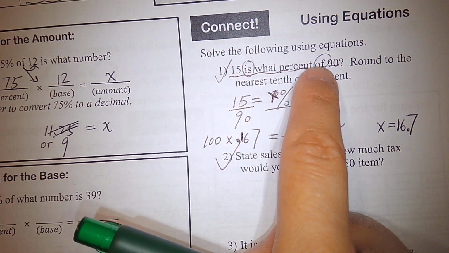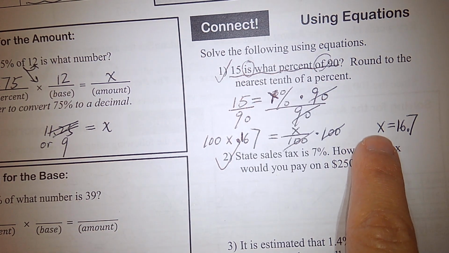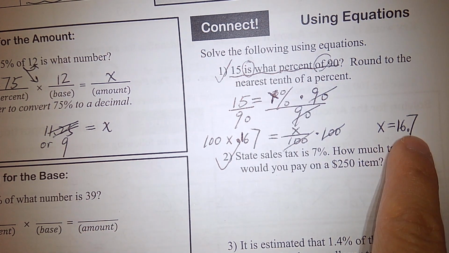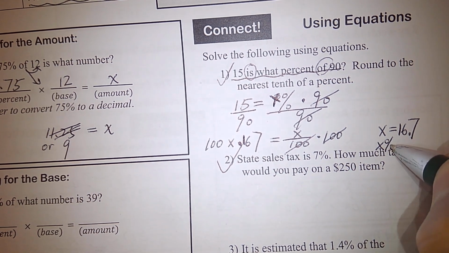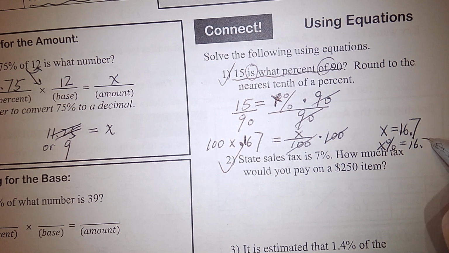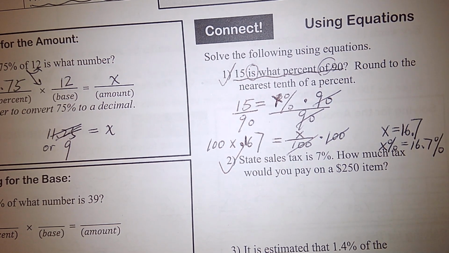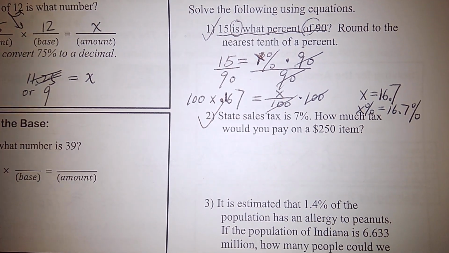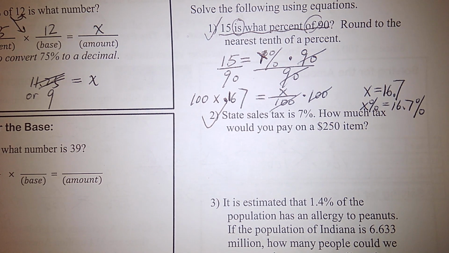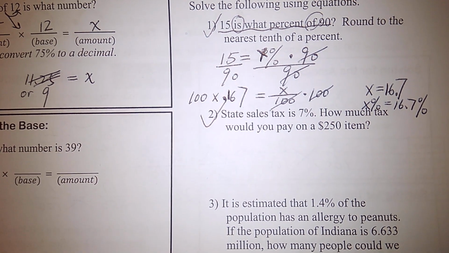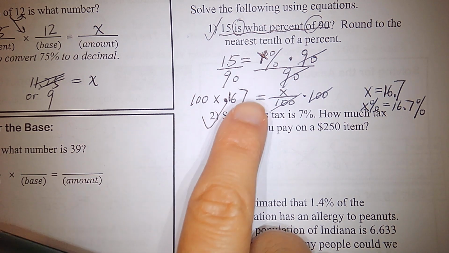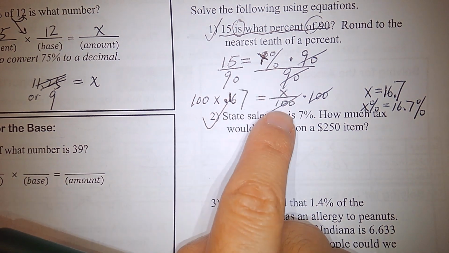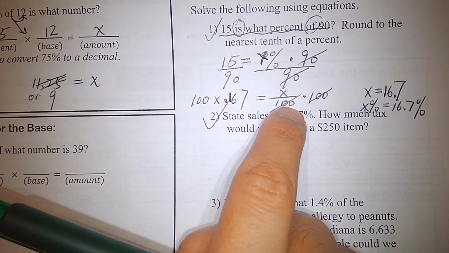So what percent of 90? The P equals 16.7, okay? Or you answer X percent equals 16.7%. X percent is the same thing as X out of 100.